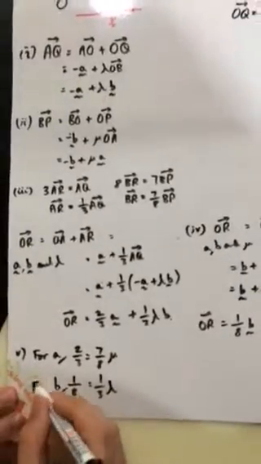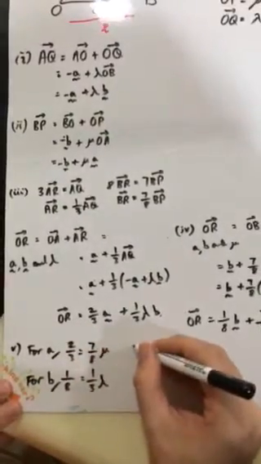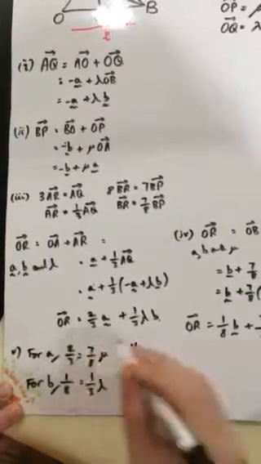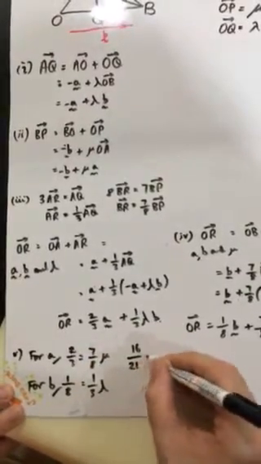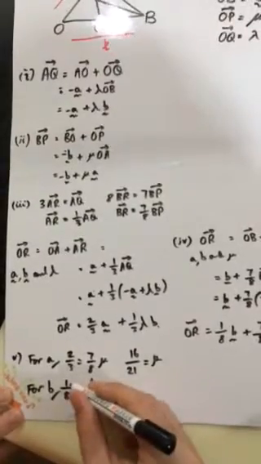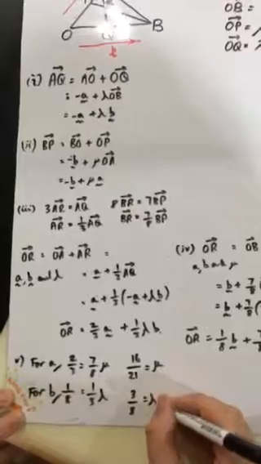So we're just looking at the coefficients. So cross multiplying, we end up with 8 times 2, 16, over 21 equals mu, and then the same thing, 3/8 equals lambda.